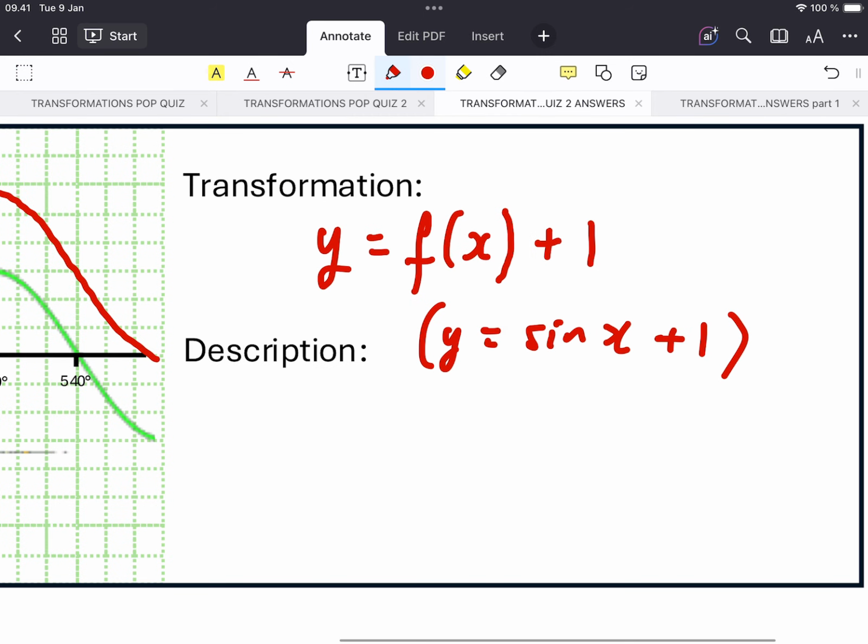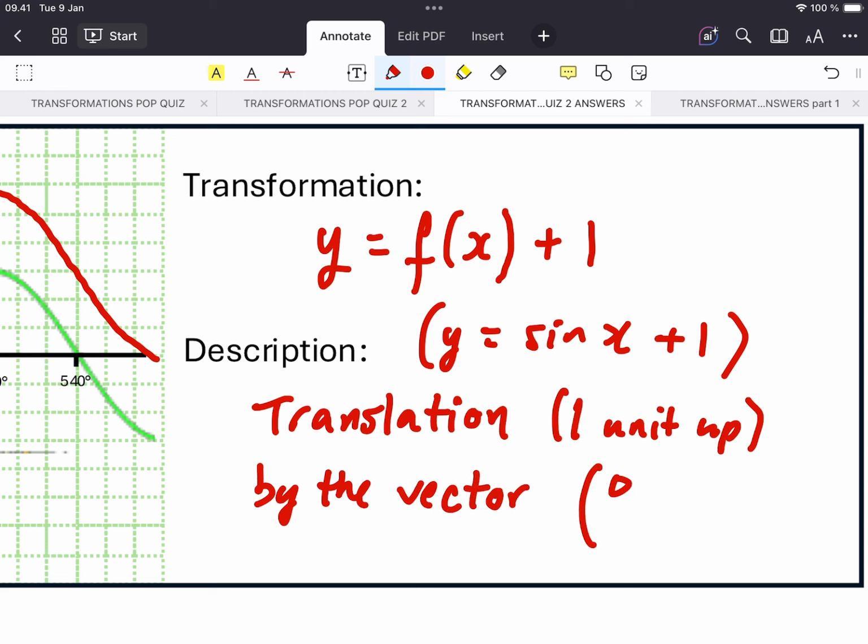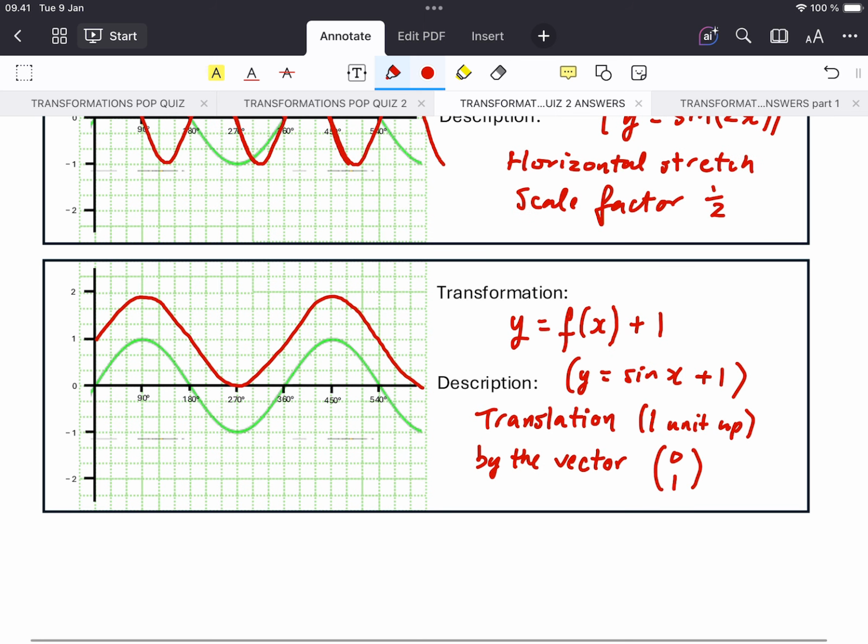So we can call that a translation. If you want to use baby language, you can say 1 unit up, or you can say by the vector (0, 1). That is to say, it's going 0 units left to right and 1 unit up.